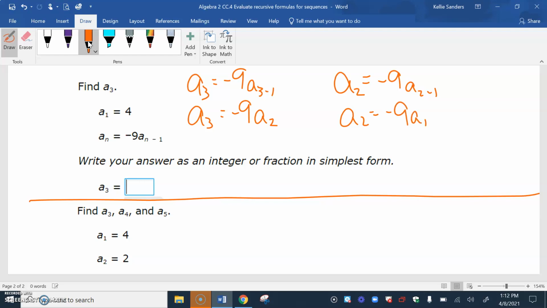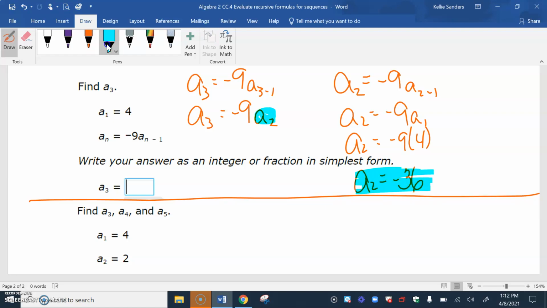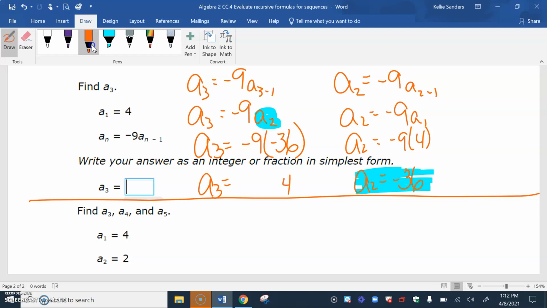A sub 1 is 4. So negative 9 times 4 is negative 36. So A sub 2 is negative 36. So we're going to do negative 9 times negative 36 and get a positive 324. 324 will be your answer.